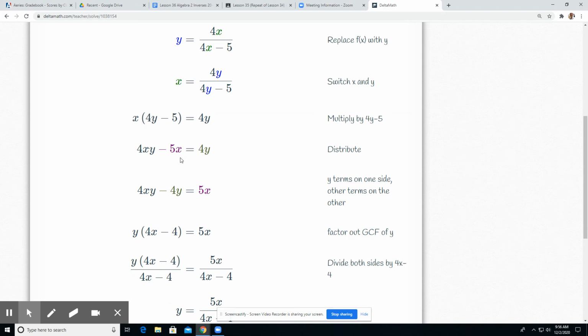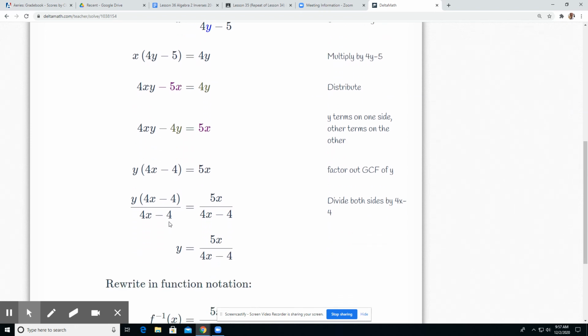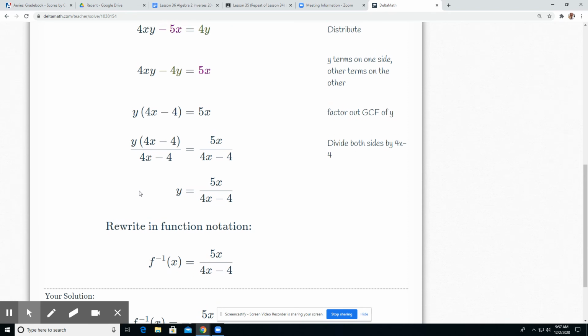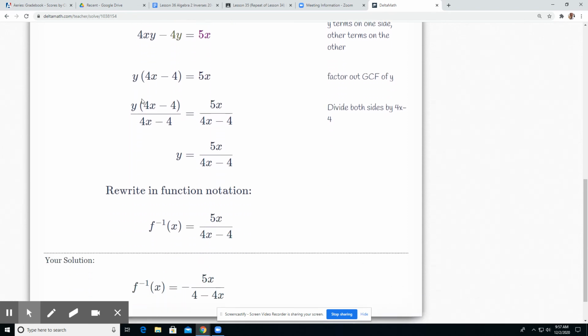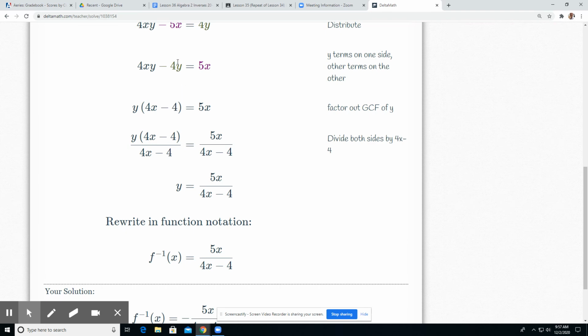Then move all the y's to one side, everything that has a y together, okay. And then he factored the y out, and then divide both sides by 4x minus 4. So that may have been a little bit easier of a step if you know how to factor. But the technique is get all your y's to one side and then see what happens.